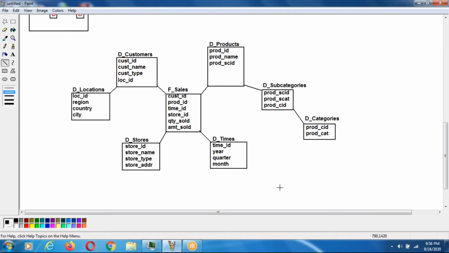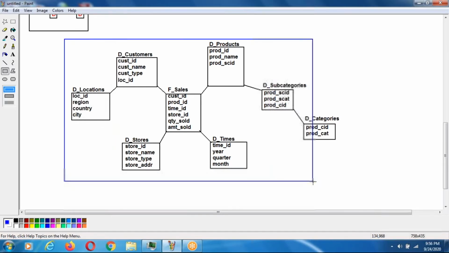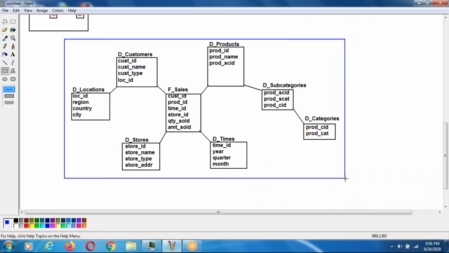In the same way, the times table may also be converted into a set of tables, one table only for year data, one for quarter, one for month, maybe week, day, hour information. So customers and locations have a relationship, products and subcategories have a relationship, and subcategories and categories also have a relationship. If you build the tables in this format, this structure is called snowflake schema. Clear?